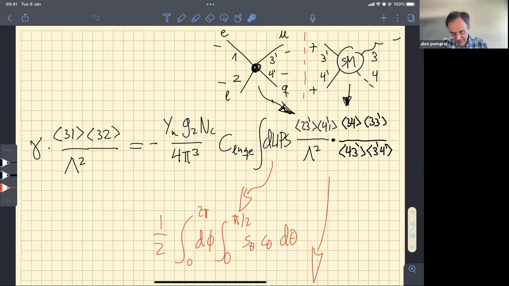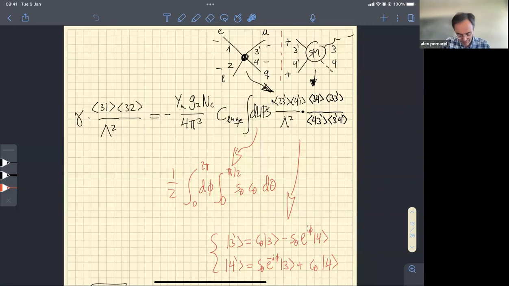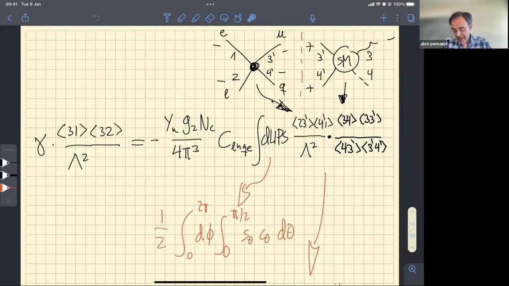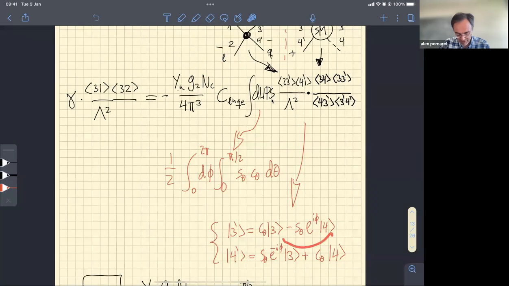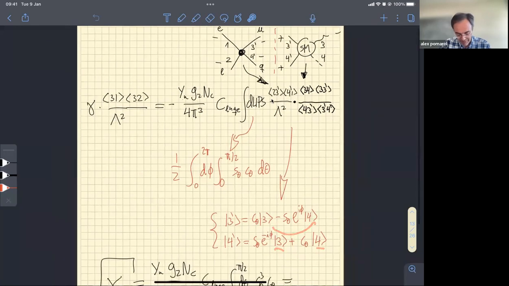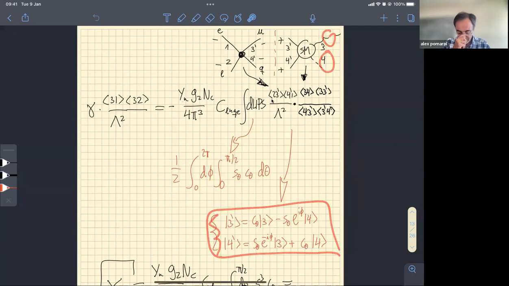There is a very simple thing: internal spinors can always be related to the external spinors. I can take a basis of spinors, the external ones, and relate the internal spinors as a function of 3 and 4, which are external. This tells me how to relate 3' and 4' to 3 and 4, and there is a rotation like this.